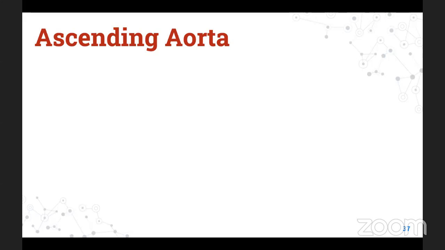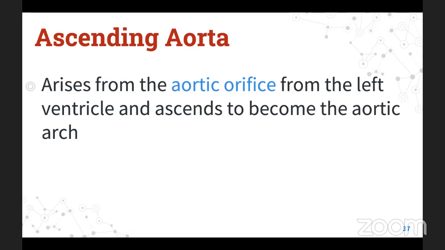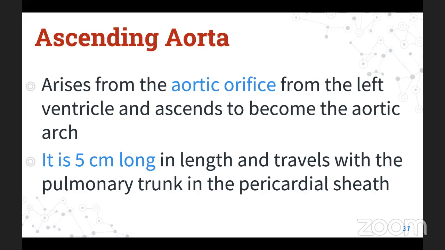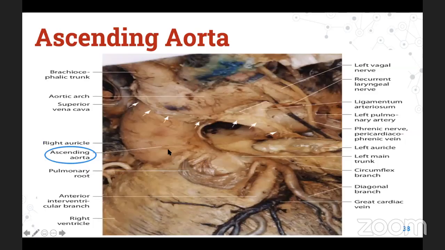We'll start with the ascending aorta. It arises from the aortic orifice of the left ventricle and ascends to become the aortic arch. It's usually 5 centimeters long and travels with the pulmonary trunk in the pericardial sheath. This picture shows the ascending aorta in relation to the pulmonary trunk and pericardial sheath.